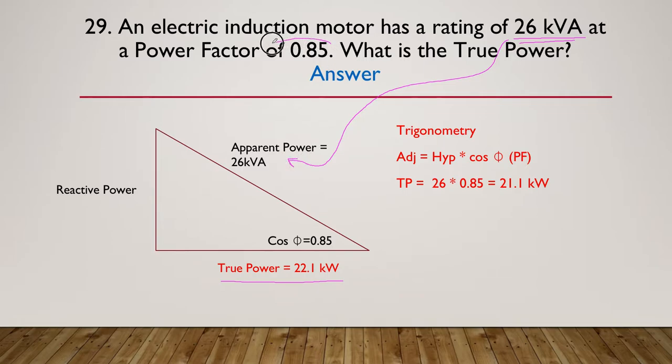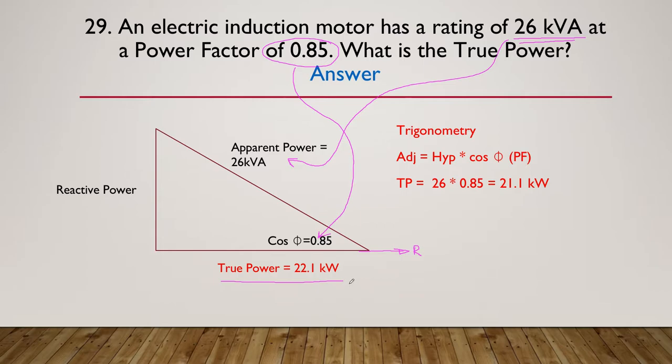Next, the power factor is the cos of the angle from the reference, the resistance here being the reference.